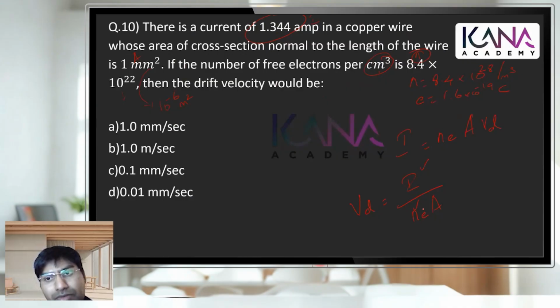We know n value, we know e value, and we have A value. So if we substitute all this, we'll get the drift velocity vD as 0.1 mm per second. Okay. Next question.